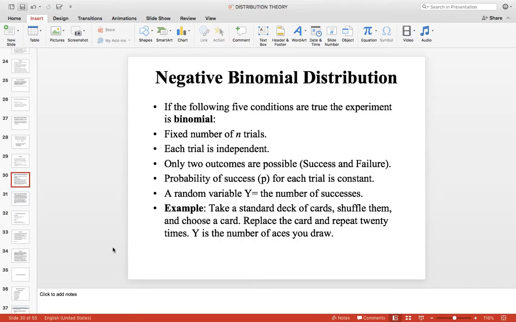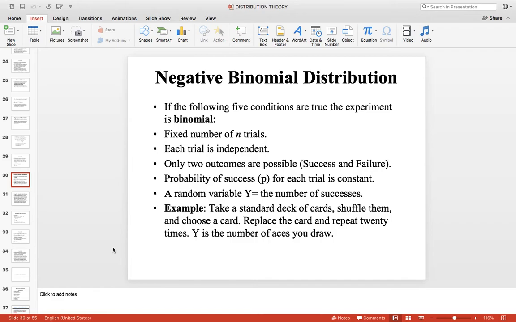Okay, so if the following 5 conditions are true, the experiment is binomial. If there is a fixed number of n trials, each trial is independent, only 2 outcomes, success or failure, the probability of success of each trial is a constant, and the random variable measures the number of successes, you normally go for a binomial.